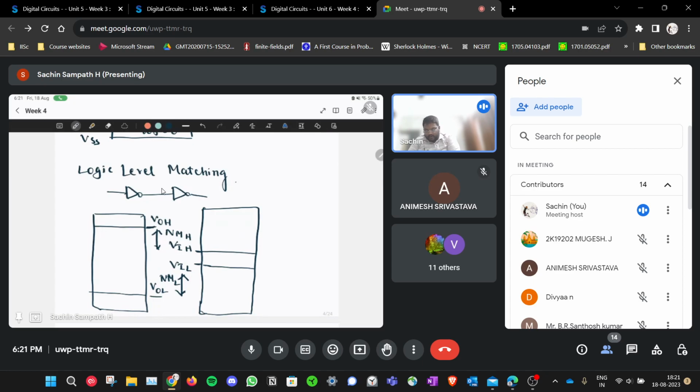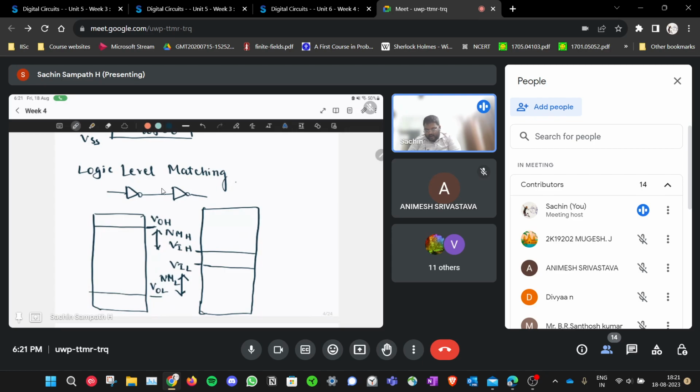So when you feed the output voltage to a circuit, as long as it is above VOH, we consider it as a logic high for the output. Same way VOL, if the output is below VOL, we consider it as logic 0.